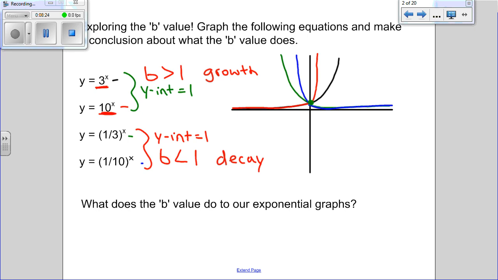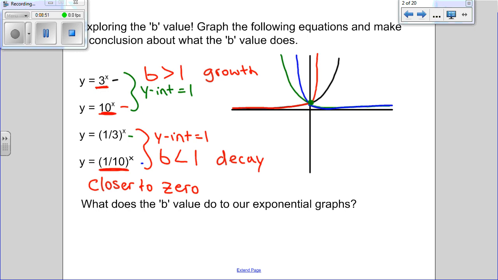That one was more sharp. It decreased faster because it was closer to 0. Once your b value is less than 1, the closer to 0 you get, the sharper it's going to be. If you're greater than 1, then the further away from 0 you are, the sharper it's going to be.